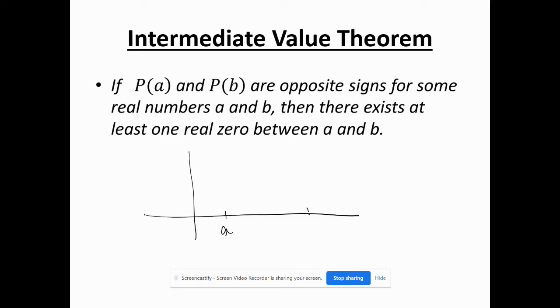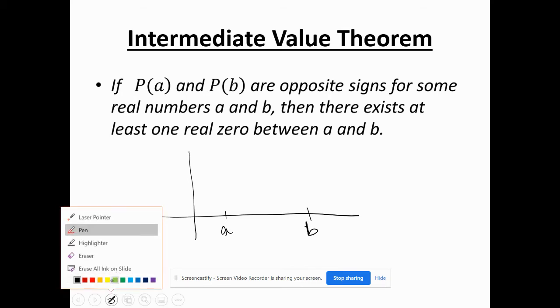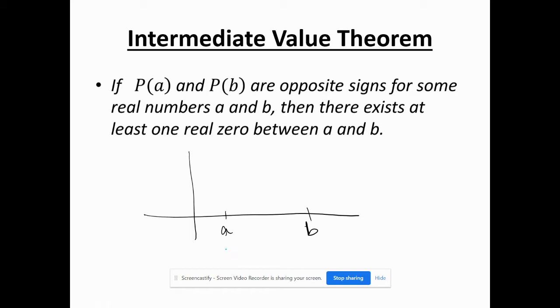If this is A and this is B, and this is P of A and this is P of B, this polynomial must have crossed the x-axis at least once. Again, it may have done zigzags through here. There might be more than one real zero, but there must be at least one. And that's the intermediate value theorem. So it's not as bad as it maybe sounds.